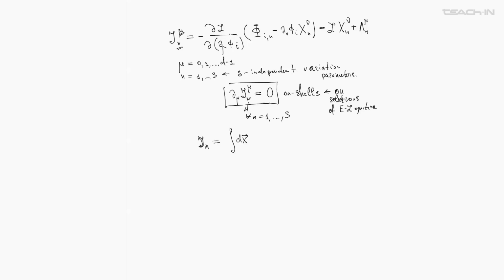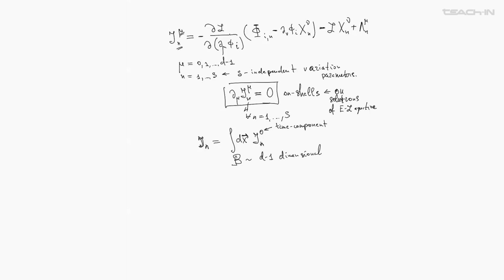Zero component means time component. So I take the time component of the current and integrate over the whole space, which is a d minus 1 dimensional hypersurface orthogonal to the time direction.